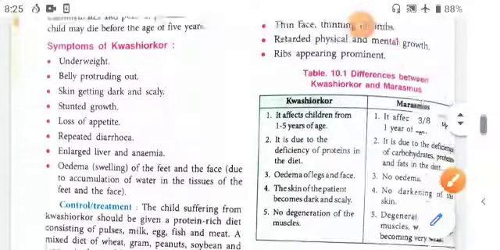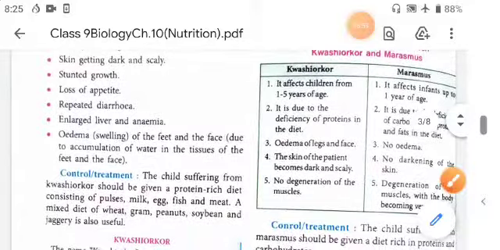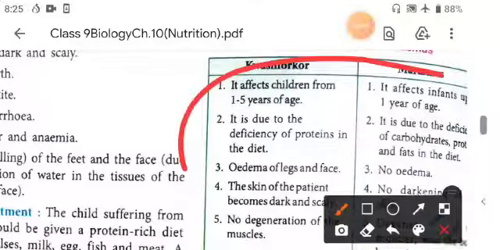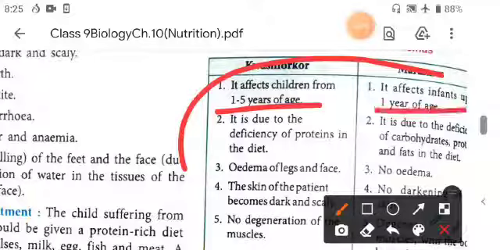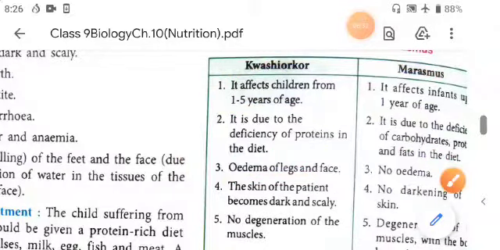So what is the difference between Kwashiorkor and Marasmus? Kwashiorkor affects children from 1 to 5 years, but Marasmus affects infants below 1 year. Kwashiorkor is due to the deficiency of protein in the diet, but Marasmus is due to the deficiency of carbohydrates, proteins and fats in the diet. Oedema of legs and face is there in Kwashiorkor, but in Marasmus you will find no oedema.